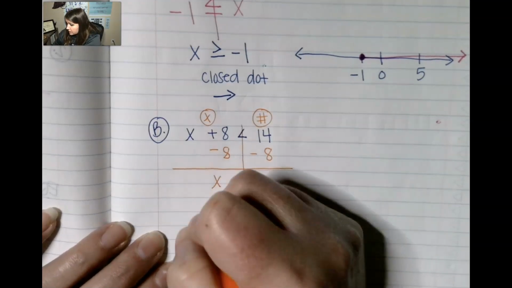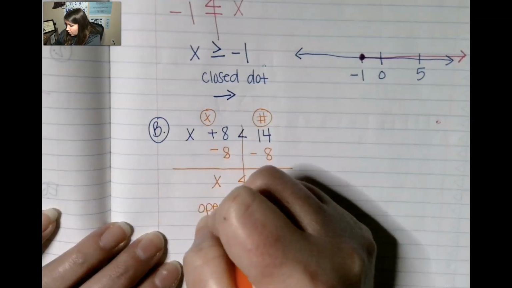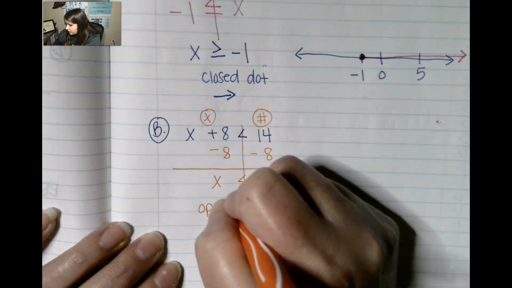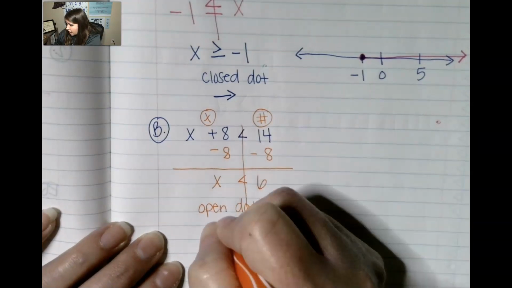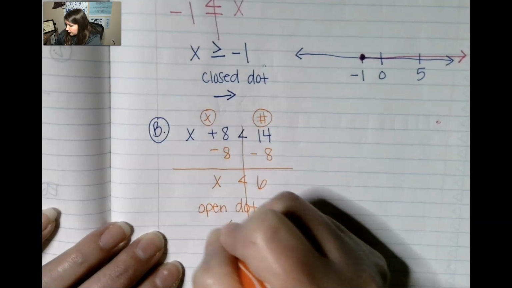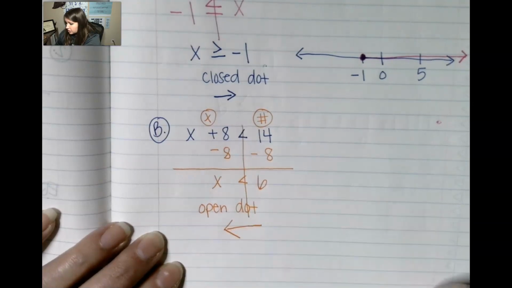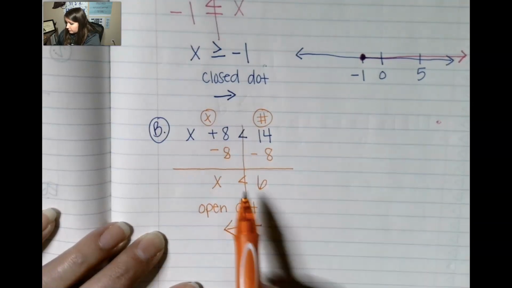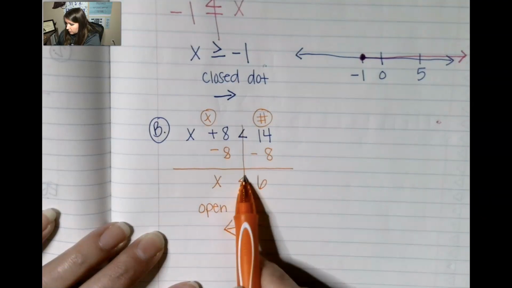It says open dot, so we're going to have an open empty dot, and our arrow is pointing that direction because that's the direction it's showing.